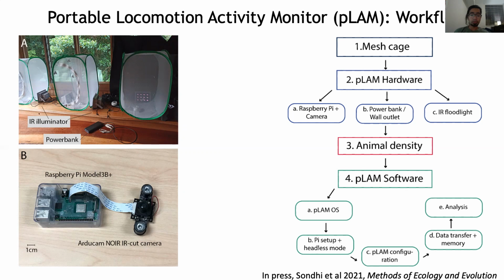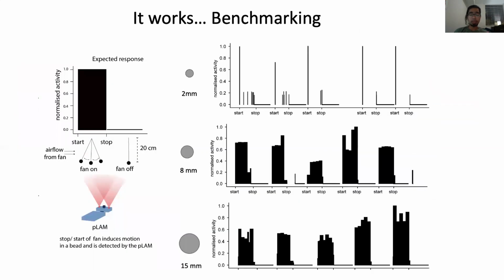So the first thing we did was we decided to benchmark the setup, and we used induced motion in beads and then stopped the motion. So on the left, this is what the graph would look like if it was detecting motion properly, and this is what it should look like when there is no motion.